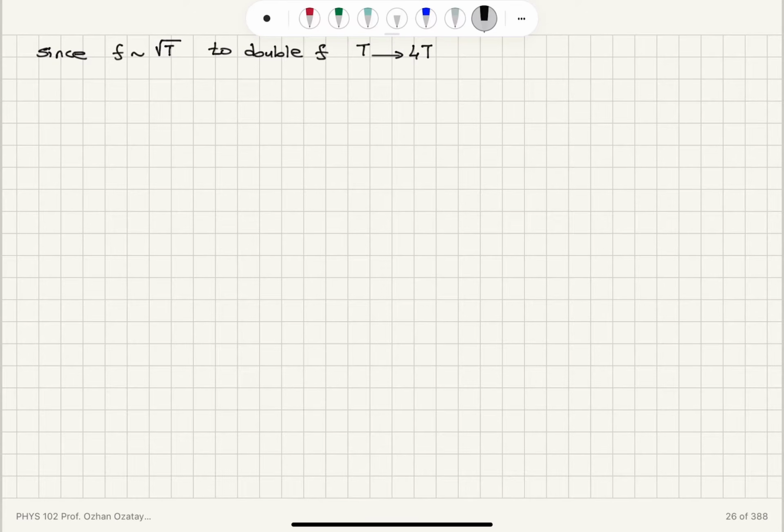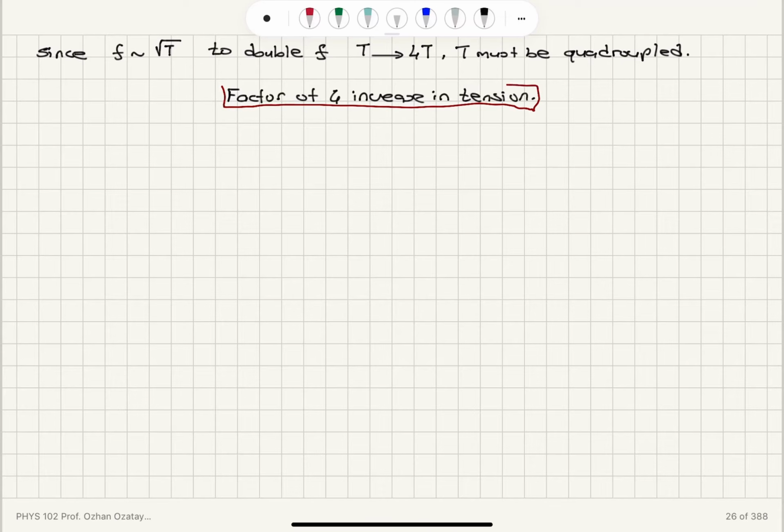So T must be quadrupled. That means a factor of 4 increase in tension is necessary in order to go 1 octave higher in the fundamental frequency.